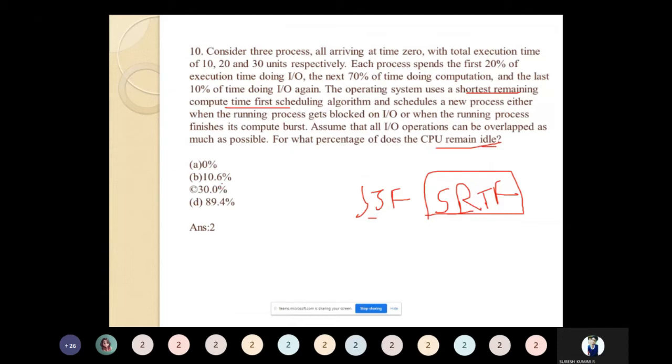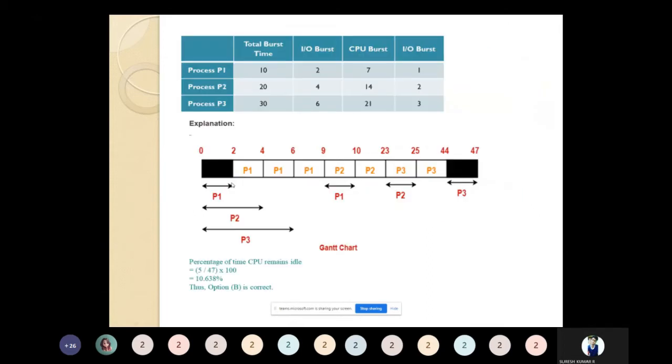So my answer is 10.6. Here we calculate how this value comes. For all three processes, the given values 10, 20, 30 are written here, and the CPU burst times are 7, 14, 21. We write the values percentage-wise in the table columns.